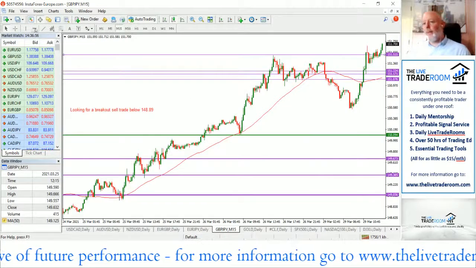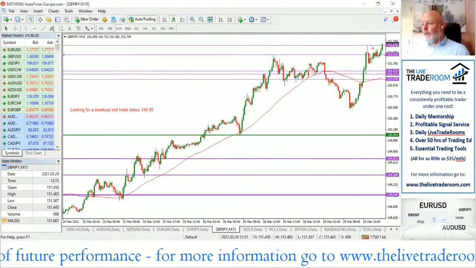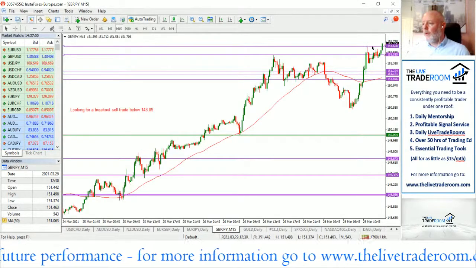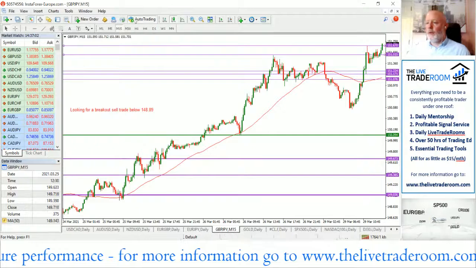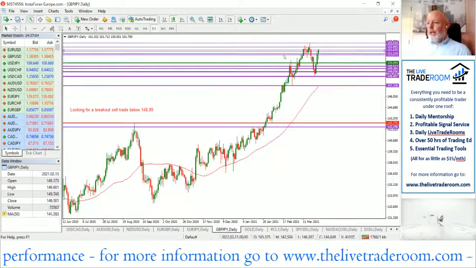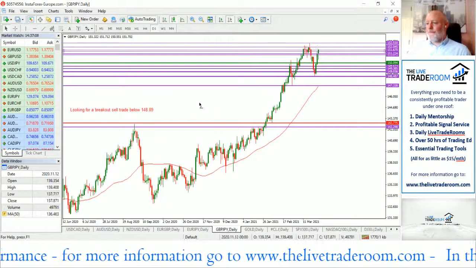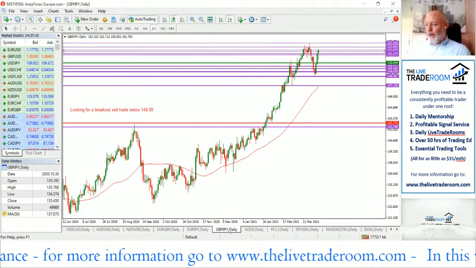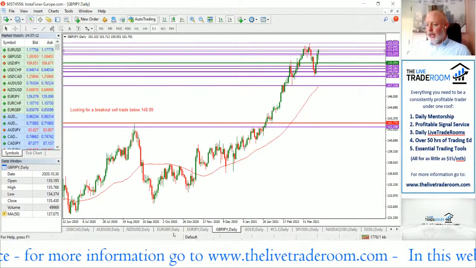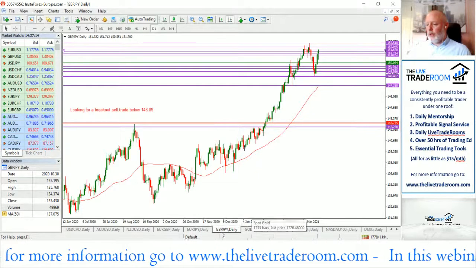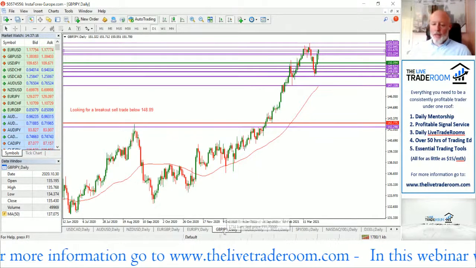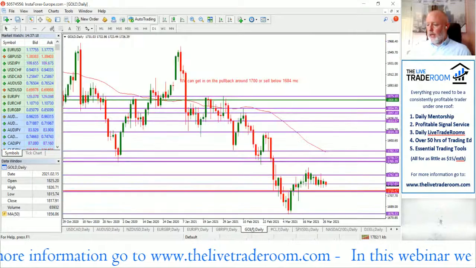Okay, we're just breaking above that little level now. You see there's a lot of potential resistance up at these highs. And we're in the pound euro trade to the downside. So we'll stick with that for now. There is a buy trade for the euro yen.